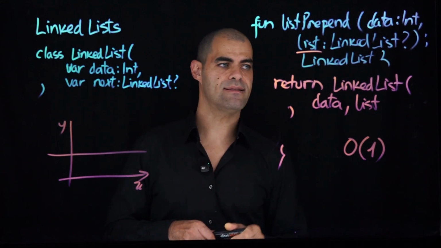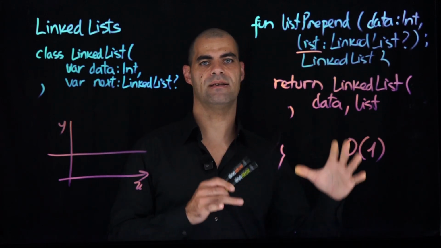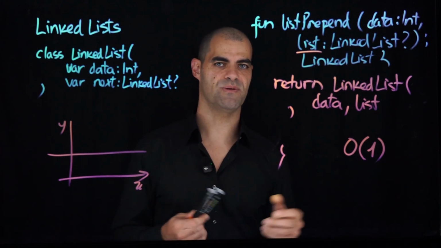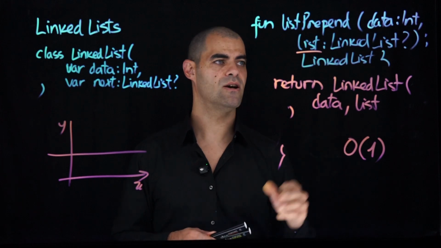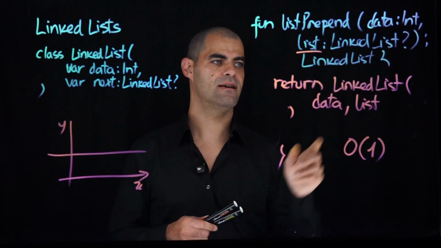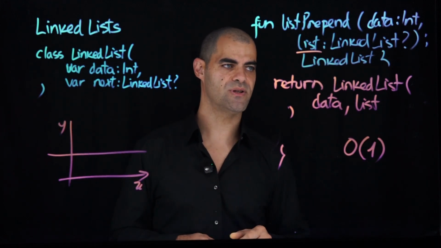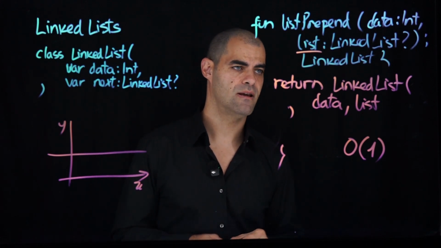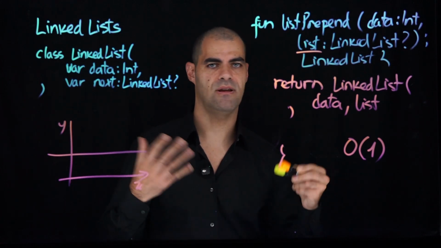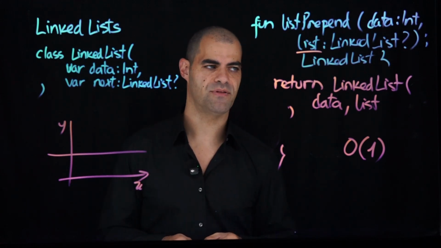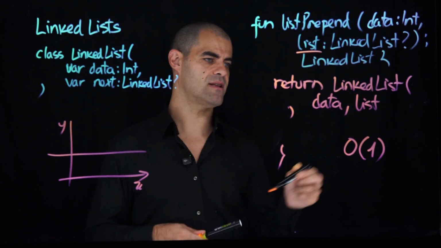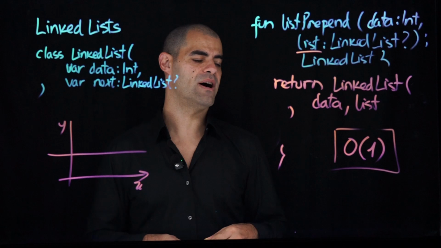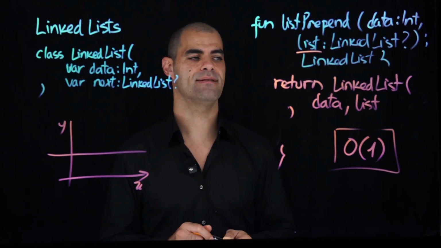This means that it doesn't matter the size of the input, the time that it takes to execute this function will always be the same. It doesn't matter if it's empty or if it has a million elements, this instruction will just execute with the same speed independently of the input. So this is represented by O(1), and O(1) means that it runs in constant time.